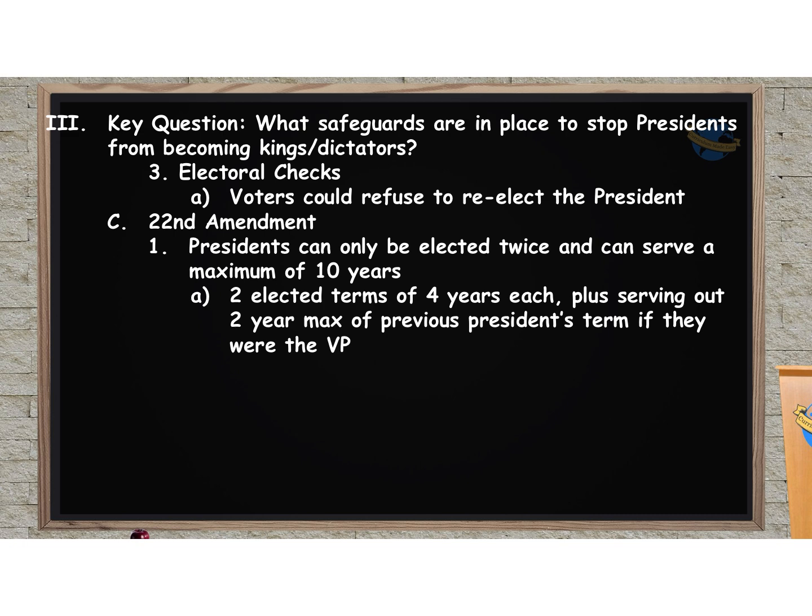Now, if you're astute and you're paying attention, you might be thinking the math really doesn't add up here. How can a president serve for 10 years when they can only be elected to 2 4-year terms? Well, that's because they can be elected for those 2 4-year terms. That's a total of 8. But if they were the vice president before they became president, and the president died, they would be able to serve out the final 2 years of that president's term as the acting president, and then still be elected 2 more times themselves for a total of 10 years.